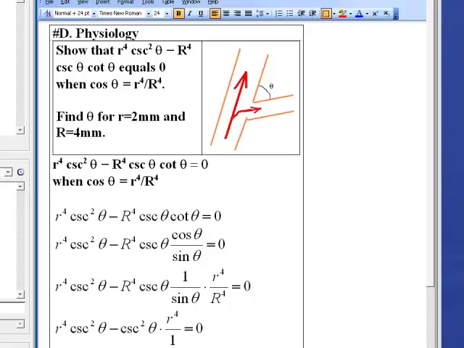And then we're going to come up with cosine theta equals 2 to the fourth power divided by 4 to the fourth power. Comes out to a nice 1 over 16.